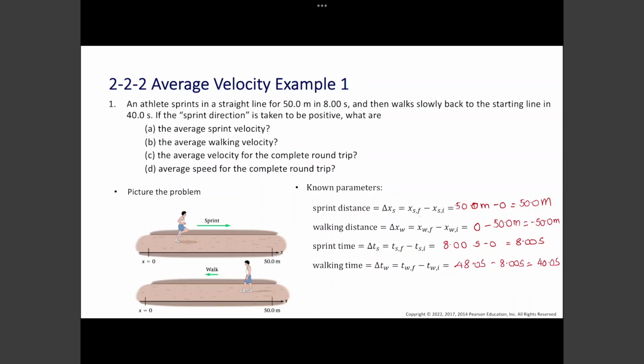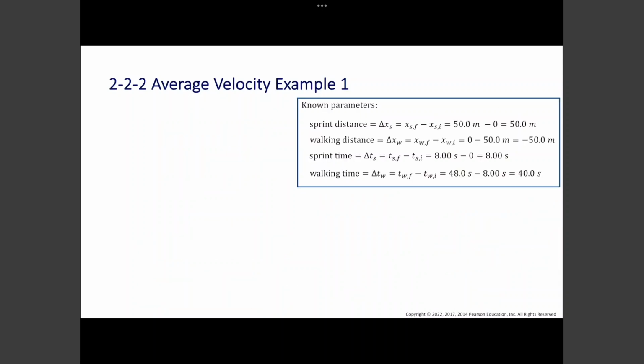Now we know the equation for the velocity, which is displacement over elapsed time, or delta x over delta t. So these are the known parameters of the problem. Now in part A, we are asked to find the average sprint velocity. Sprint velocity is again the displacement over time.